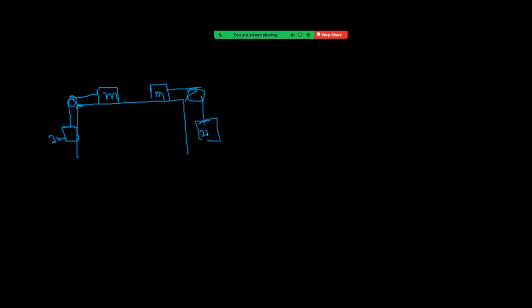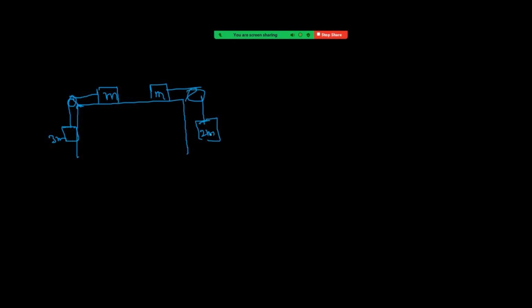Let us make a diagram first. Given here m, this is 3m, this is also m, and this is now 2m.